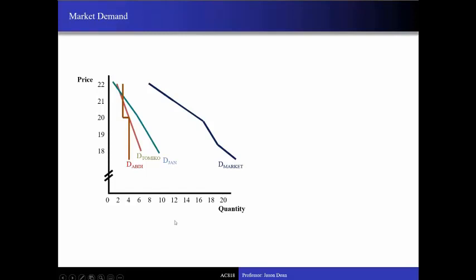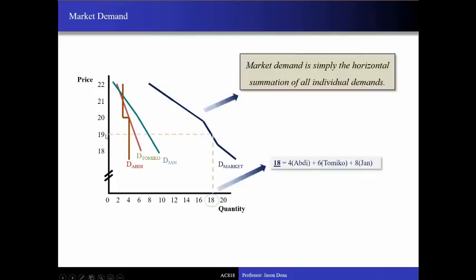The market demand curve, of course, is just the sum of all of the individual consumers' demand curves. You're thinking of just summing at the different prices. Here we have 3 different people, Abdi, Tamiko, and Jan. What's the market demand if the price is $19? That's the example in the slide.